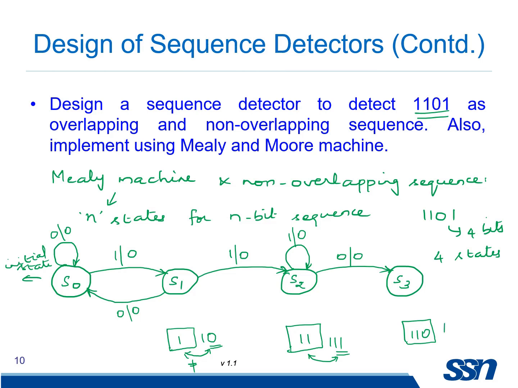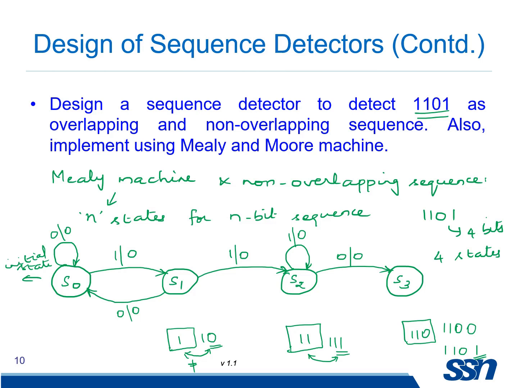So after this I am to receive either a 0 or a 1. If I receive a 1, the sequence is identified, so for that condition we give the output 1.